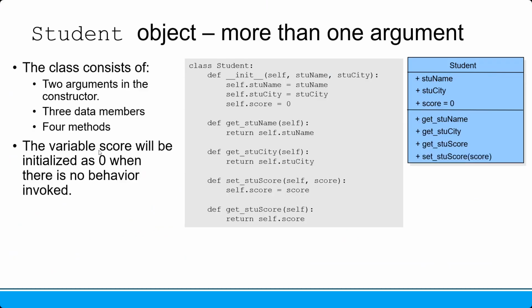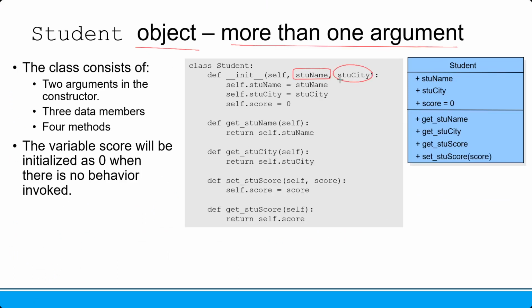Now, let's make something more complex. So I have a student object and there can be more than one argument. For example, I want to create a student and the student has a student name and I want to know the student address.